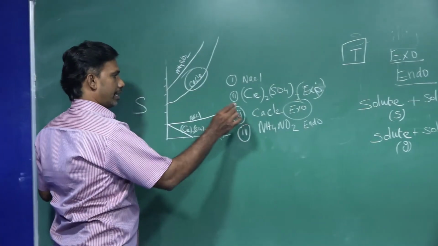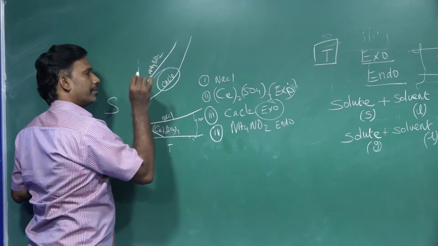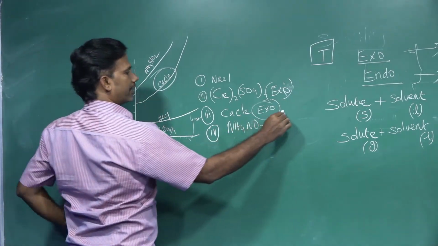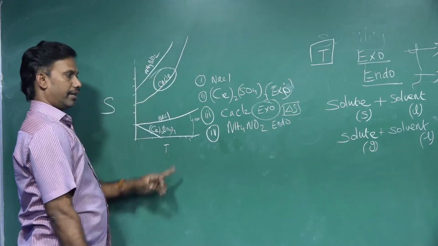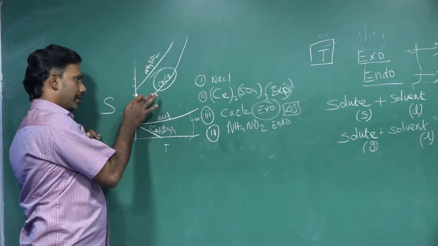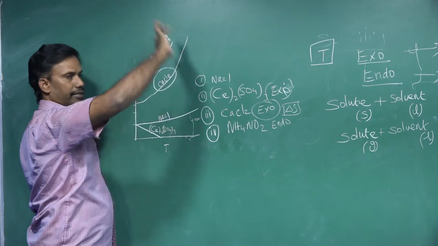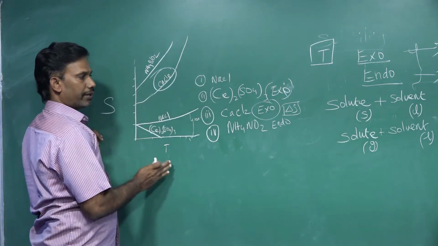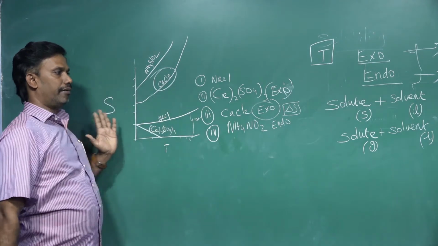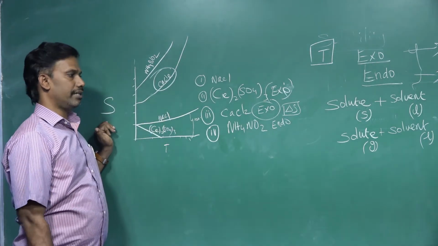But even though calcium chloride is an exothermic process, the other factor, the delta S value, the entropy factor, plays a vital role in the case of calcium chloride. That's why its solubility also increases with the temperature increase. These are the different types of solute particles and how they behave with temperature increase.